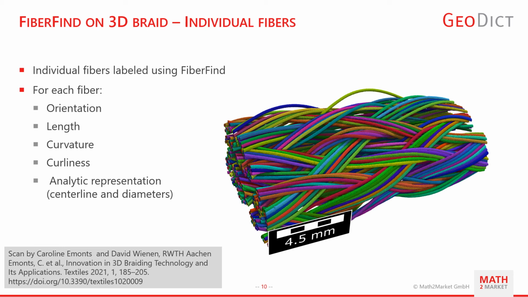So we have basically a perfect geometrical description, and so even if there's a kind of metric you want to apply to a fiber that is not in this list, we can probably compute it just on that analytic representation we are creating.